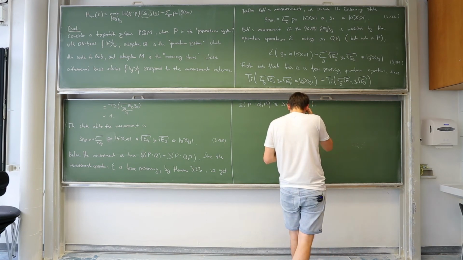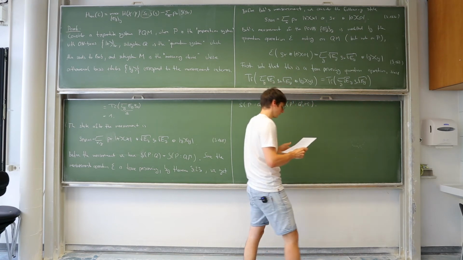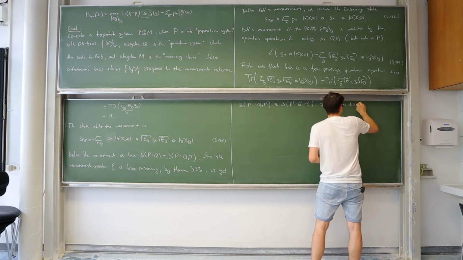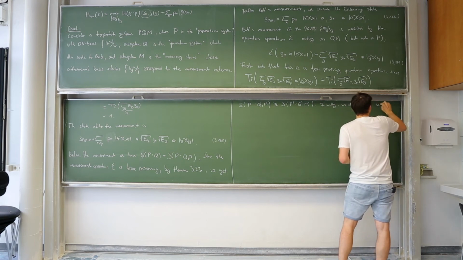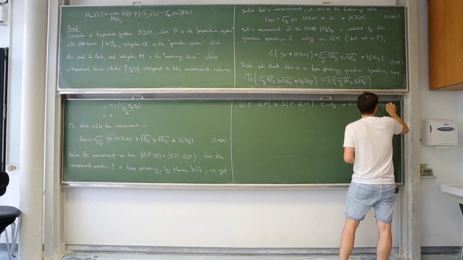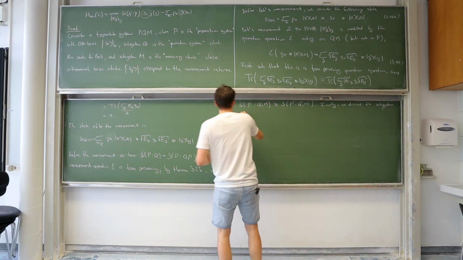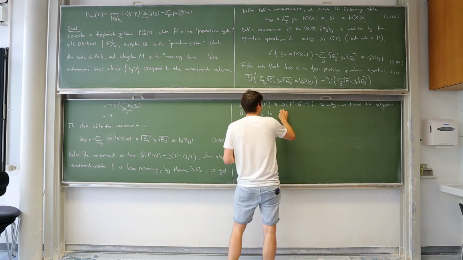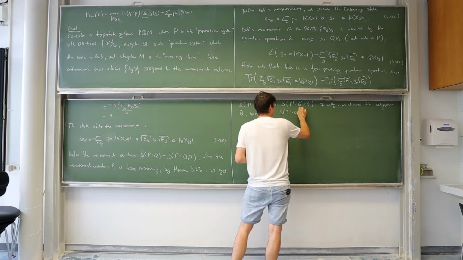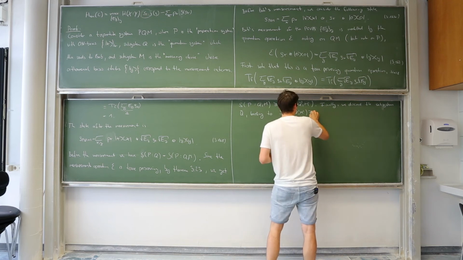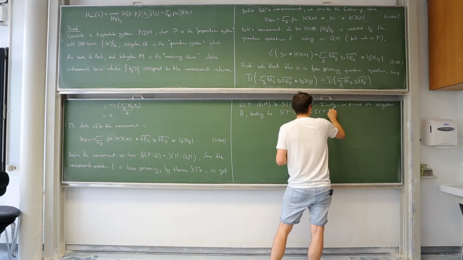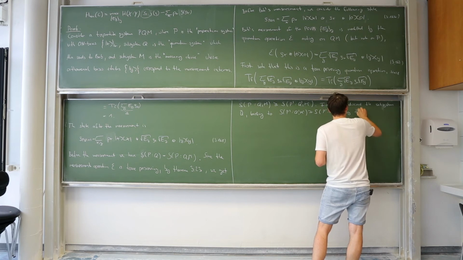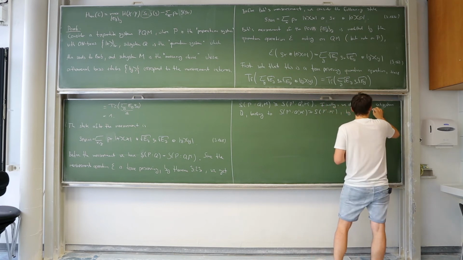And what we do now is finally we discard the subsystem Q. This leads to S of P prime Q prime M prime being greater or equal to S of P prime M prime by theorem 3.22.